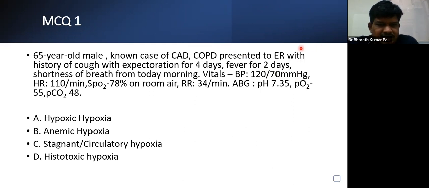So from the case history and the background given, the patient definitely has hypoxia. So which type of hypoxia could be attributed for this patient? A is hypoxic hypoxia, B anemic hypoxia, C stagnant or circulatory hypoxia, D histotoxic hypoxia. You can put in answers in the chat box.